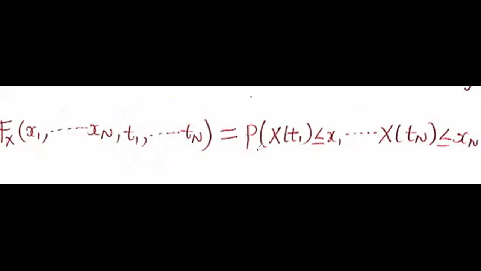As we had seen in the two variable case, the events are also equated like this. That is, X(t1) is less than or equal to small x1.